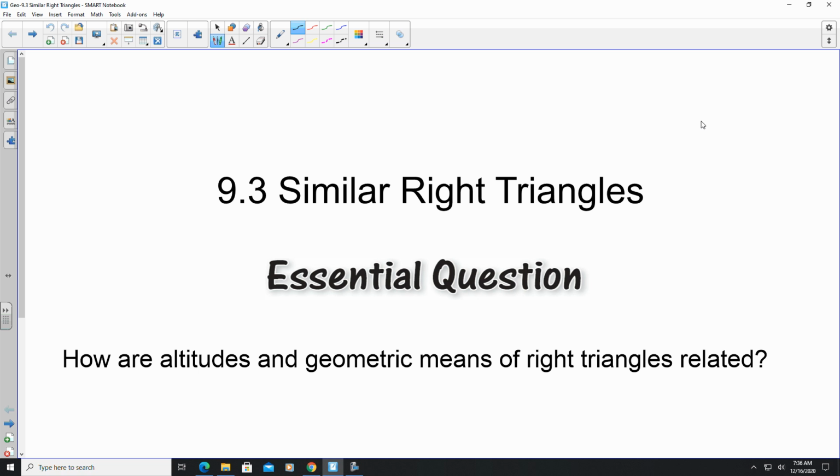So, in the previous chapter, we talked about similar triangles, and the reason why those triangles were similar is because corresponding angles were congruent and corresponding sides were proportional.